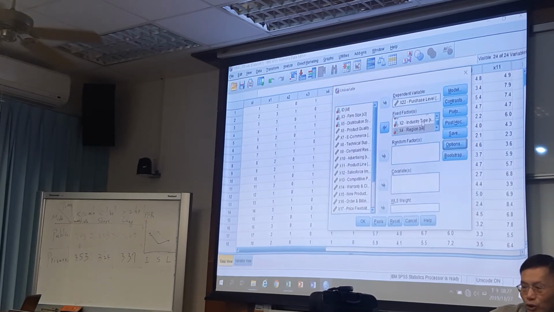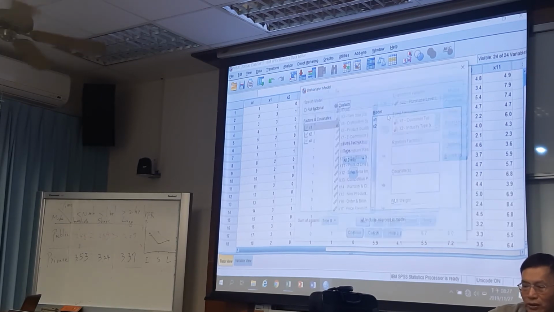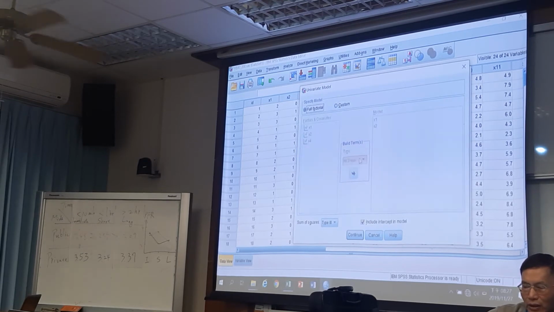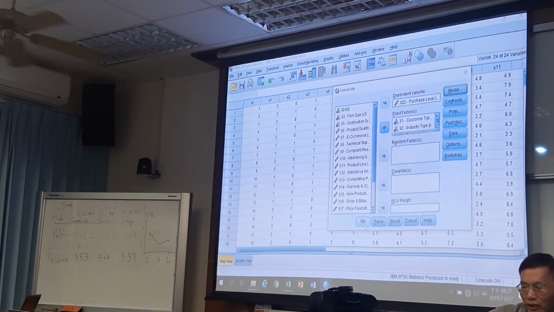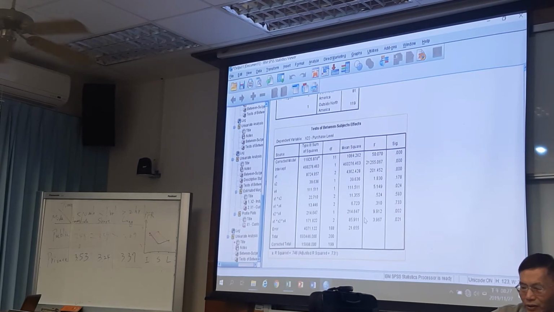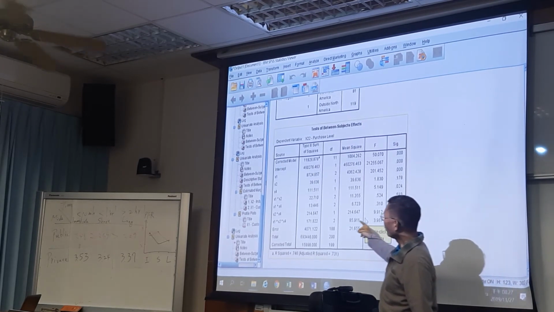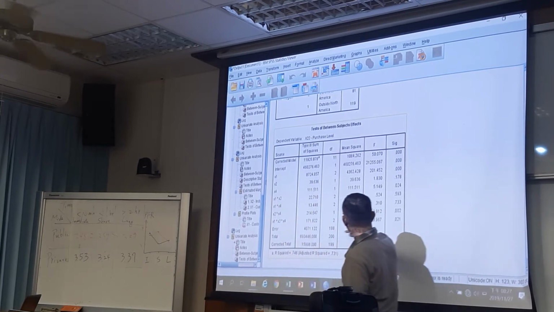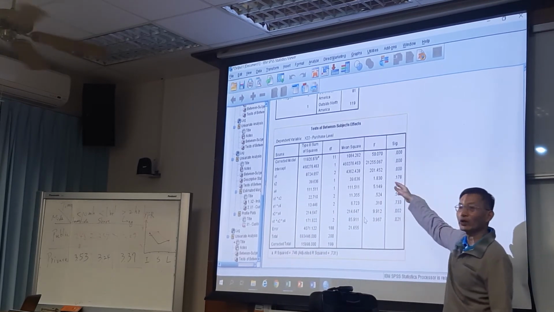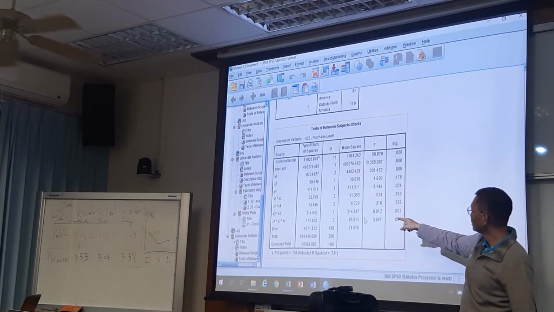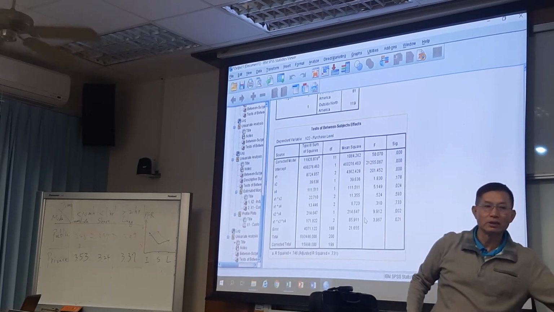Before you run the new model, I want to see 3-way interaction. Good, this is what I'm looking for. The 3-way interaction is significant, so I don't care about the rest of the 2-way or 1-way. This interaction is significant.